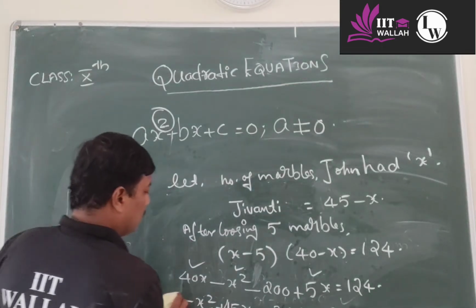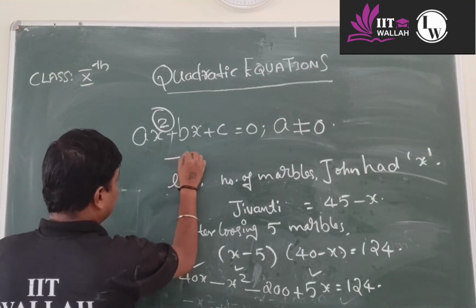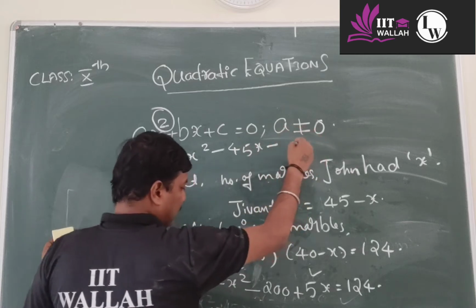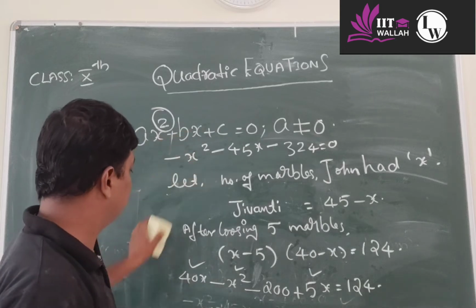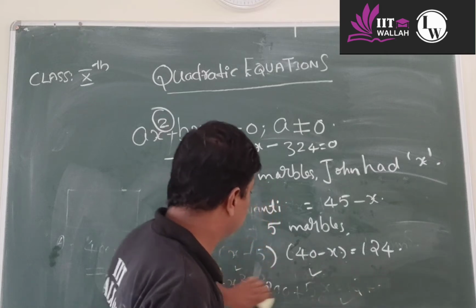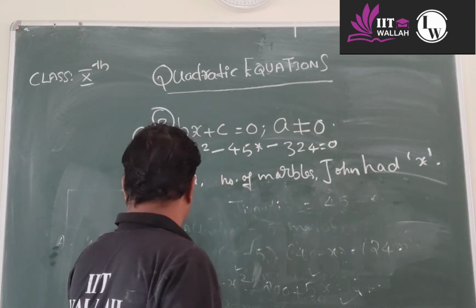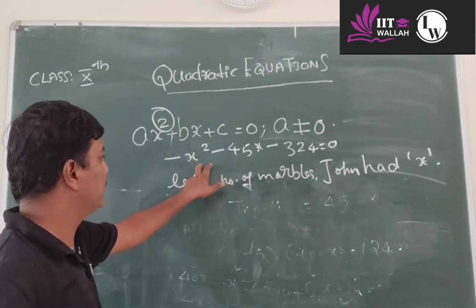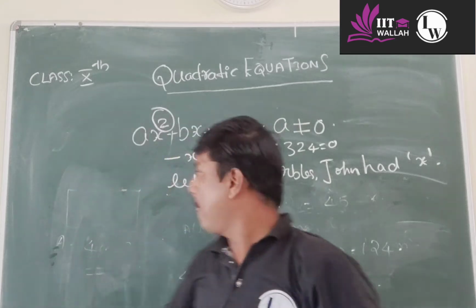Okay? We got minus x square plus 45x minus 324 is equal to 0. See, this is in this form, so we got the required quadratic equation here. To avoid this negative, you multiply with negative 1 throughout.